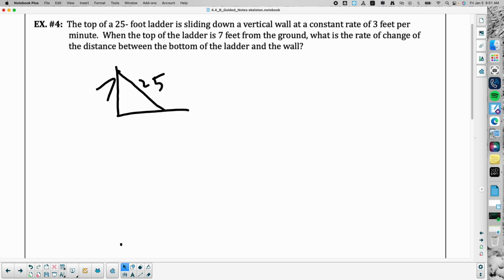So we will focus on when it's exactly 7 feet off the ground like you drew, but we should probably not write the 7 in yet, because that's going to be part of the problem as we solve it. Because it is changing, we'll give it a variable, whichever letter you want. A. Sure.